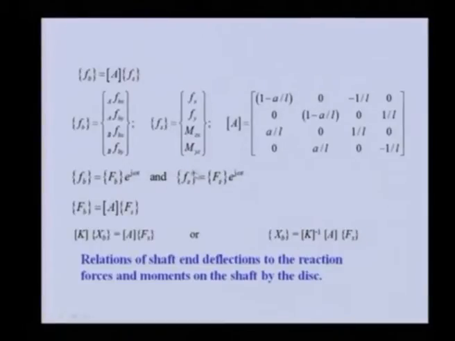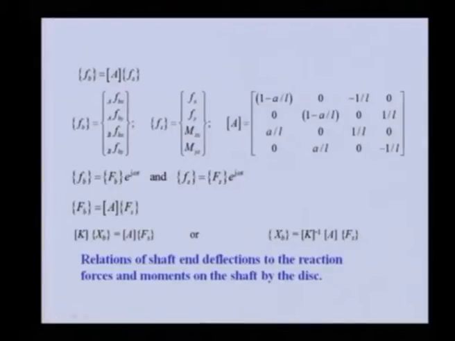If we substitute in this equation of motion, we will get in the frequency domain bearing force equal to matrix A and shaft reaction forces from disc. Now, earlier we obtained the bearing force in terms of the bearing displacement. That relation was the stiffness K into x b.